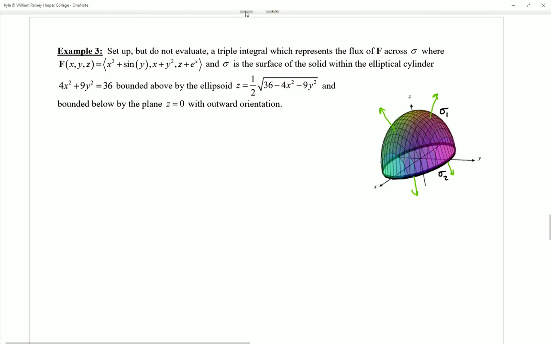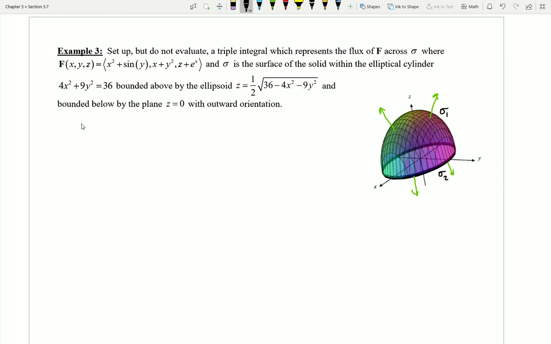So one thing I can do right from the start to get ready to use the divergence theorem is to note that sigma itself is the boundary of a solid. So I'll say here, we see that sigma is the boundary of a solid called G, which is built from a bunch of points x, y, z, such that, well, we can see a couple things here.